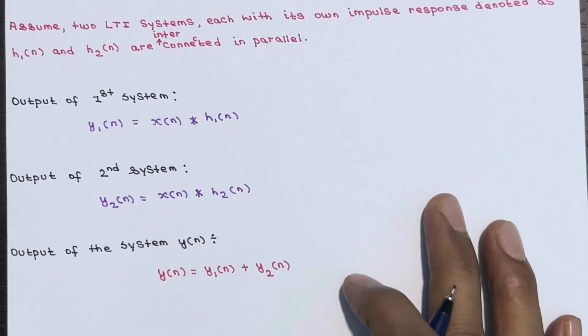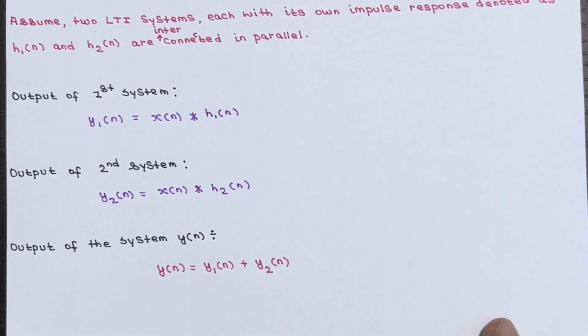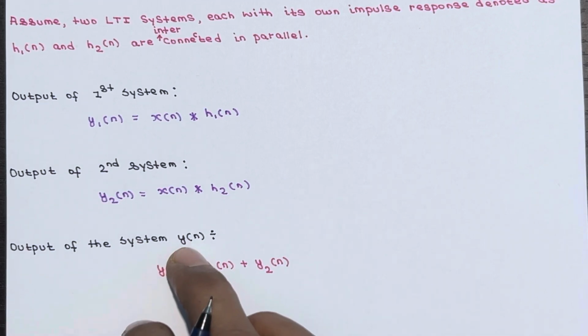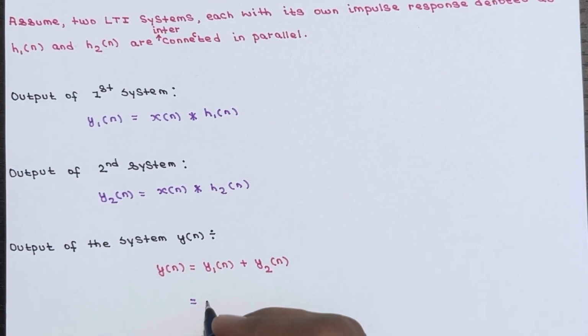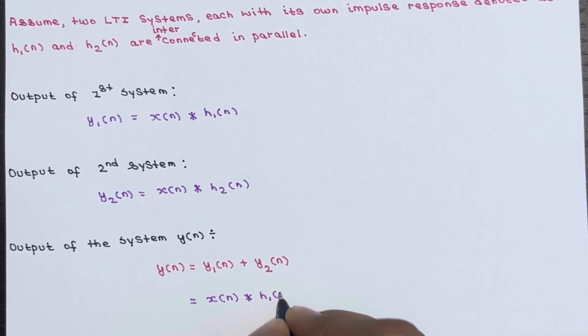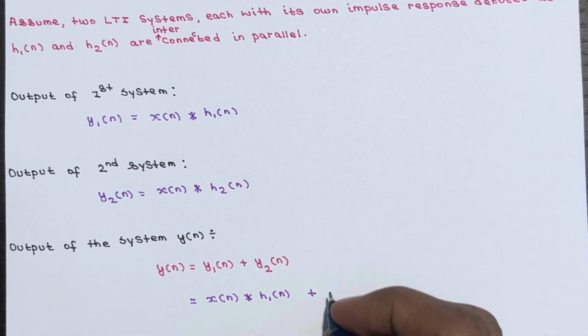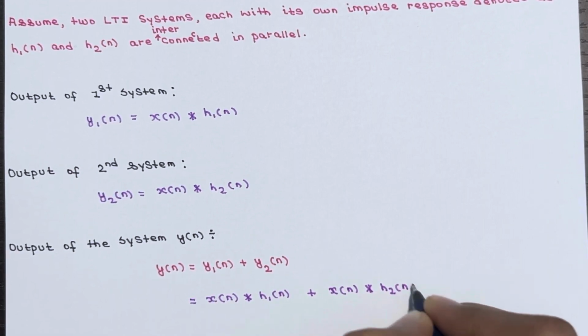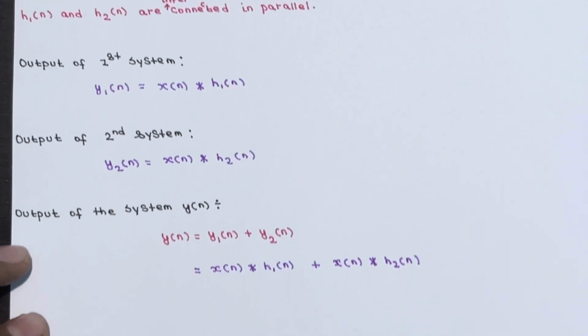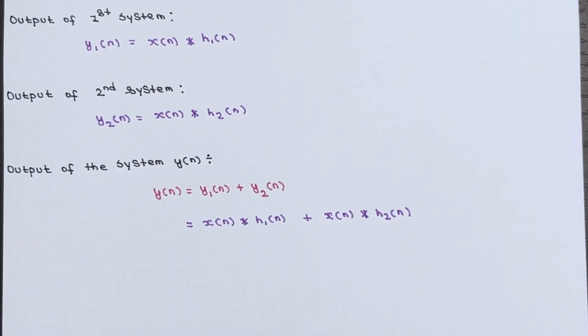The overall output y of n is y1 of n plus y2 of n, which is the convolution of x of n and h1 of n, plus the convolution of x of n and h2 of n.